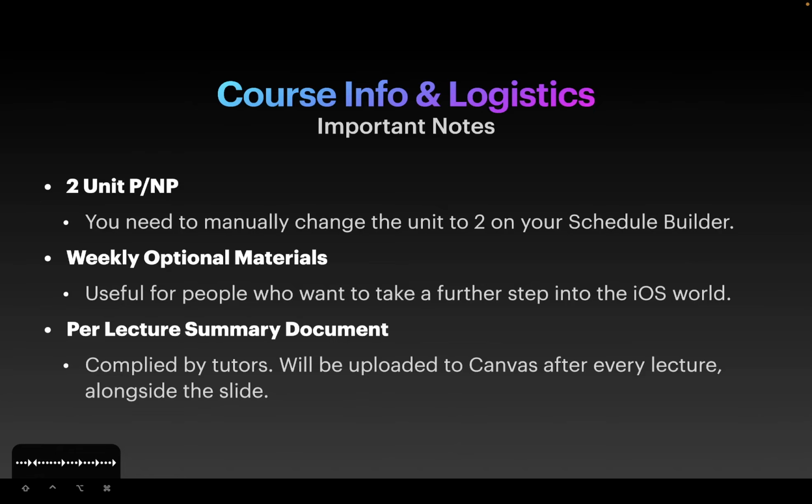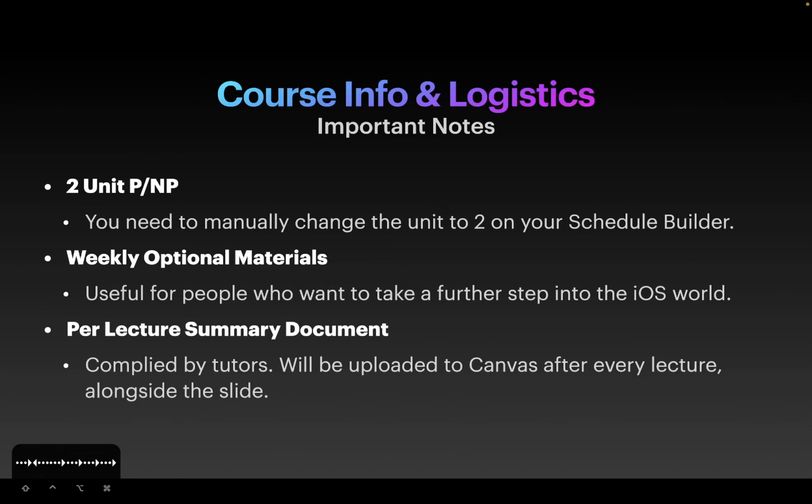Now there are some important notes. This is a 2-unit course and it's a P/NP course. You can only take it as P/NP. For iOS programming, to be honest, it cannot really be covered in 2 units. Actually, for every software engineering course, it's not gonna happen if you just do a 2-unit course, but that's what the department can provide.